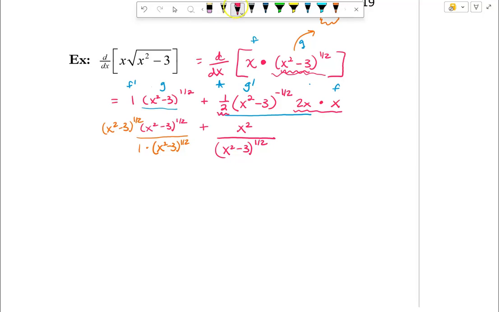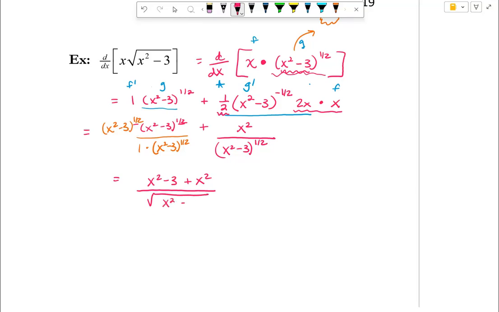That way I can have common denominators. So when I multiply x squared minus 3 to the 1/2 with itself, remember, multiplying two powers of the same base, I add exponents. So I just get x squared minus 3. And then in my numerator, I have plus my other x squared from my second term, and that's all over x squared minus 3 to the 1/2 power.